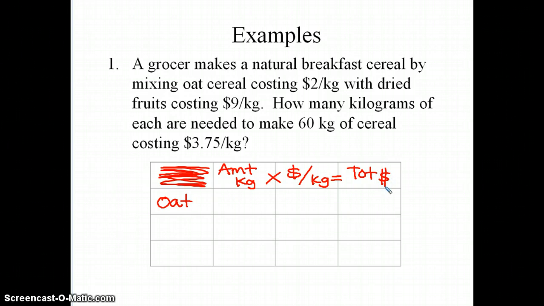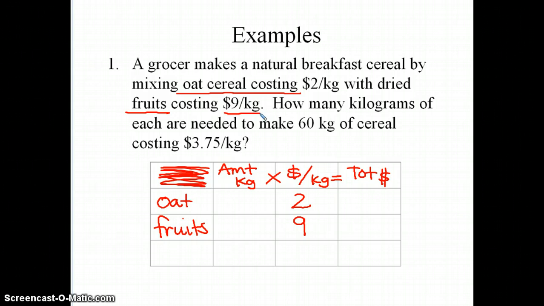So when I look at the next thing, it says I'm going to take that oat cereal, costing $2 a kilogram, with dried fruits. So I'm going to include some fruits in there, and those cost $9 per kilogram.